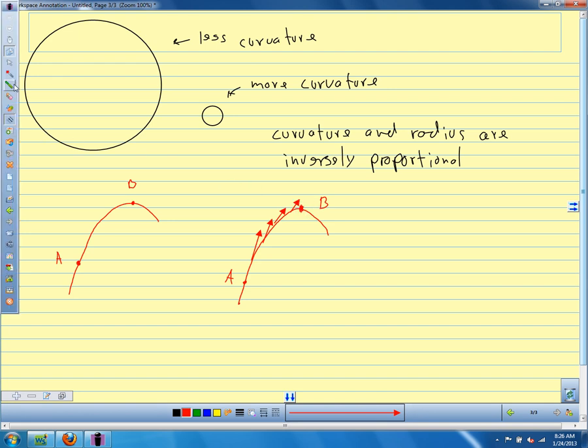That one was not very good. So this one should be like so. I don't know why I didn't get an arrow on that one. So there are my unit tangent vectors.